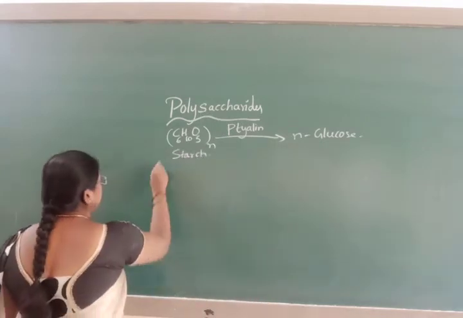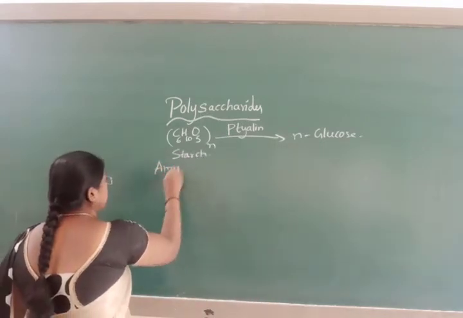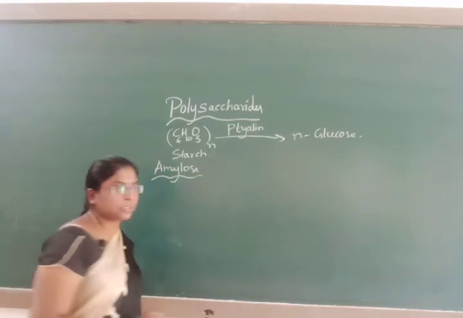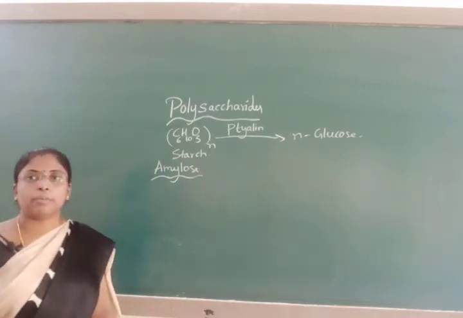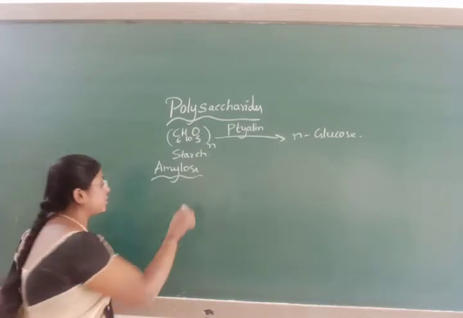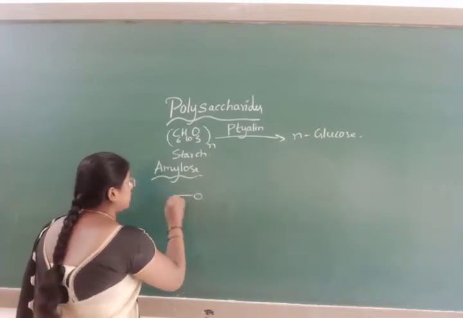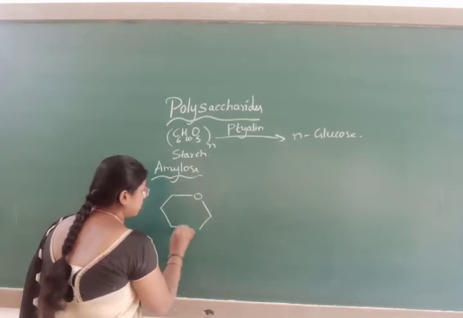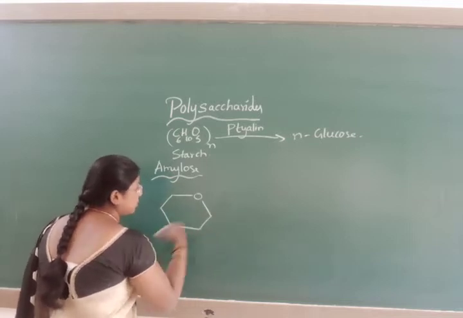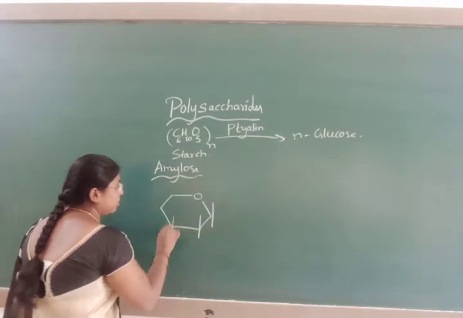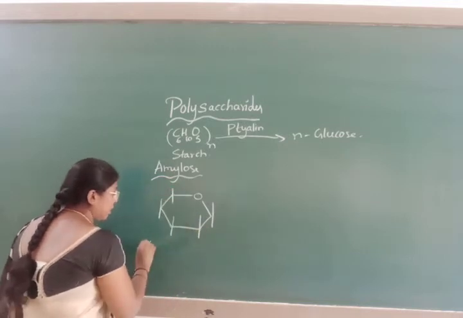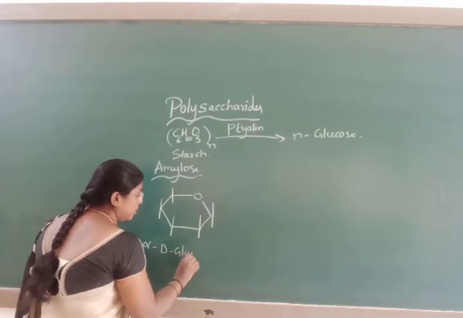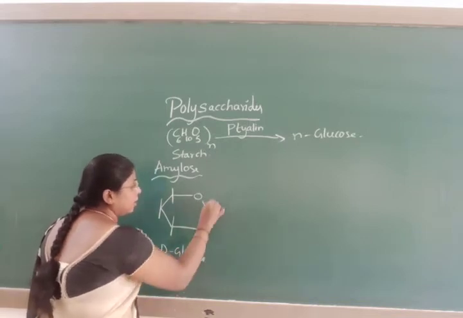Here amylose, the water soluble component of starch, is made up of alpha D plus glucose units. In the last class we discussed how to write the structures of alpha D plus glucose. This is one alpha D plus glucose unit.